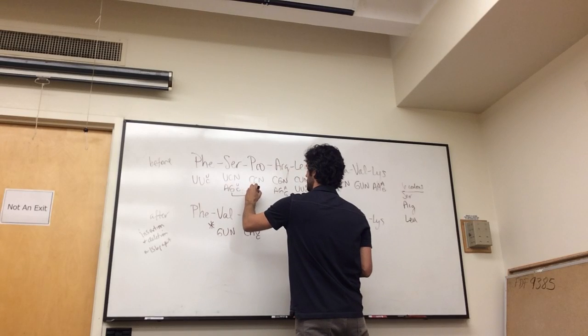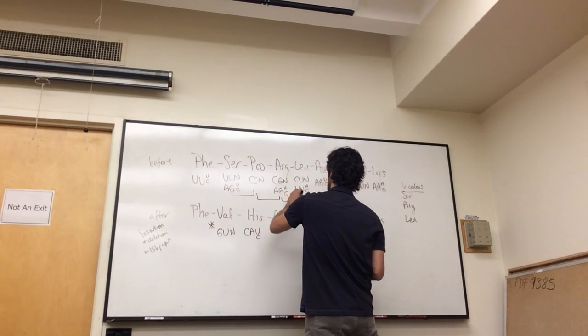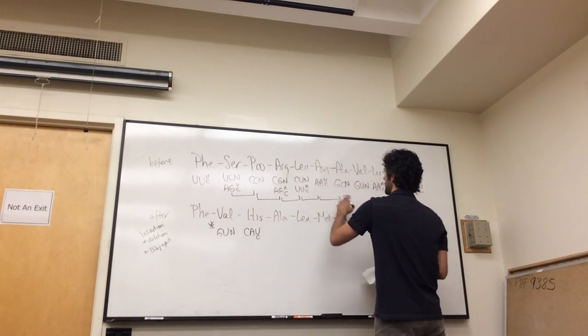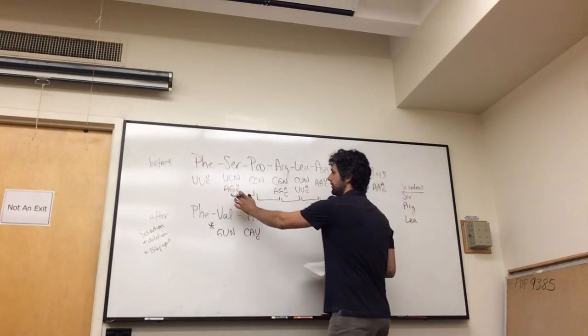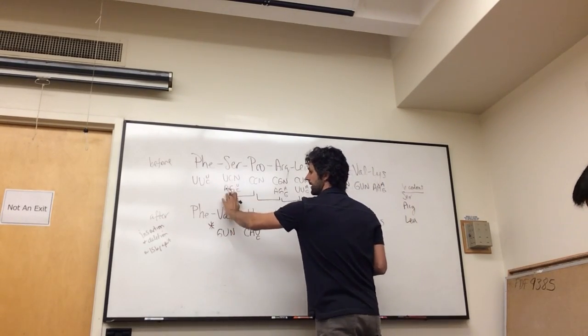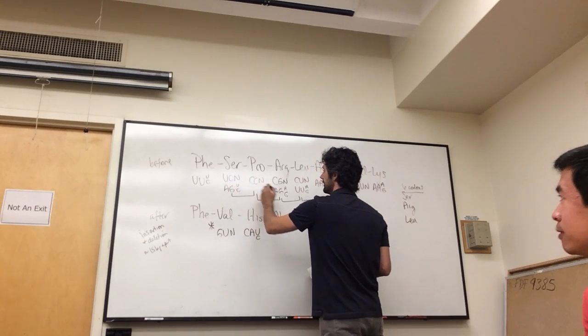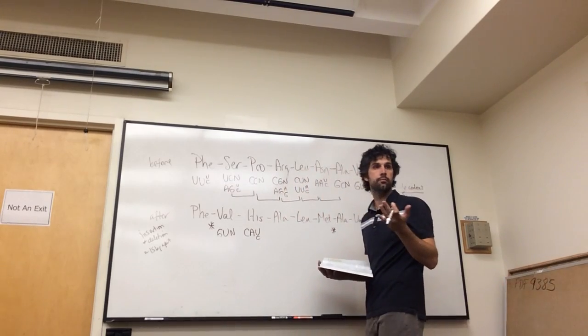Say we shift like this, and then we shift here, and here. We've now deleted this base, which means that our new codon is going to be like this, this, and this, until we get to that other insertion.